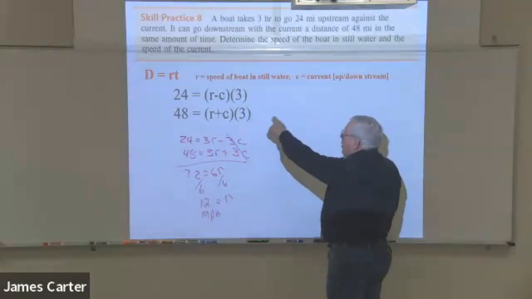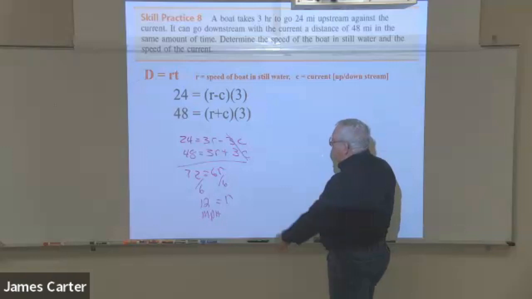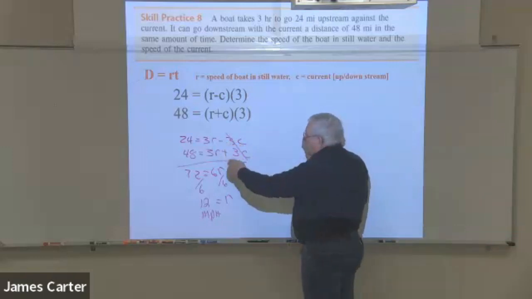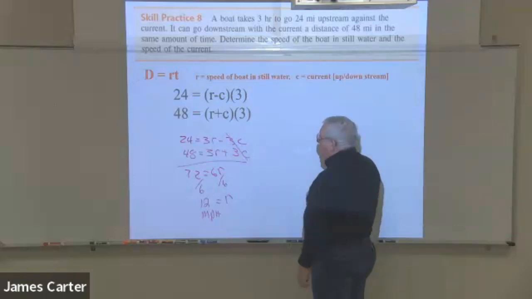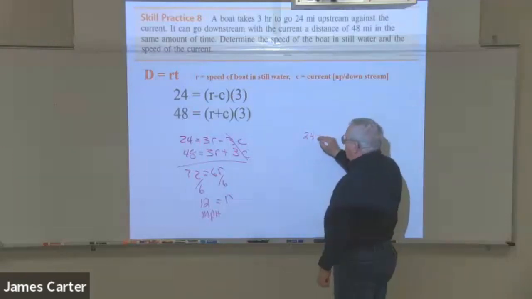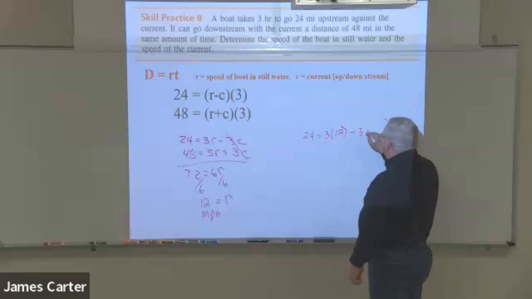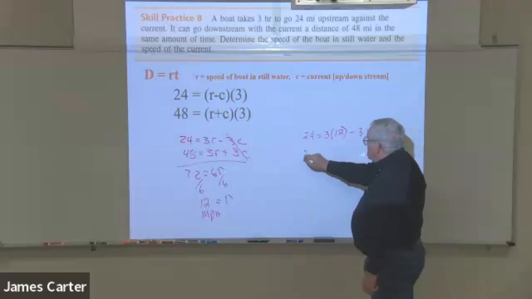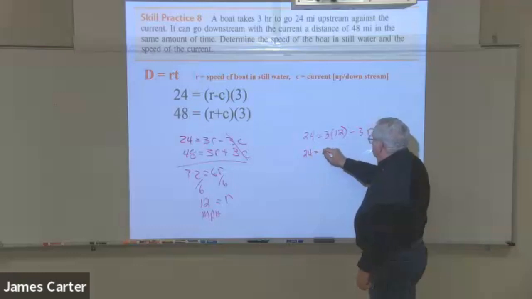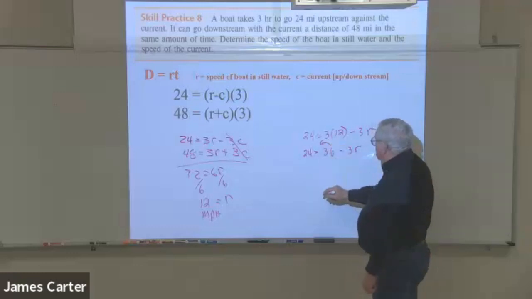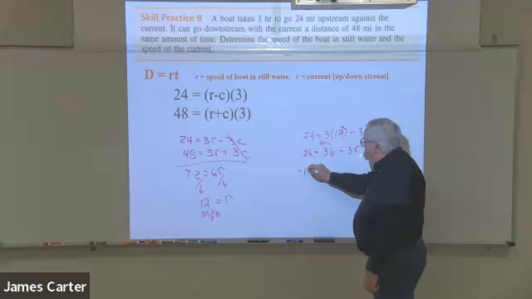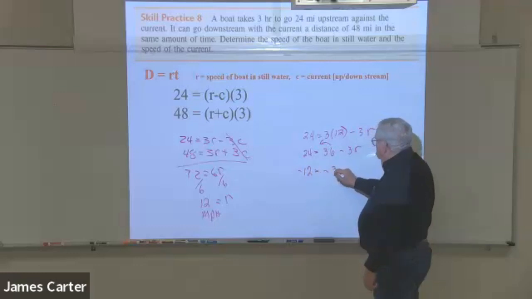So we take that 12 and put it into either one of these two equations. 24 equals 3 times 12 minus 3C. 24 equals 36 minus 3C. Take this 36 over to the other side, and I get negative 12 equals negative 3C.